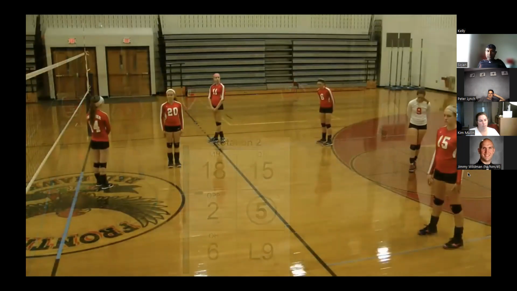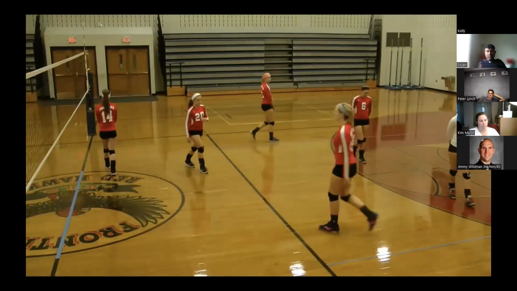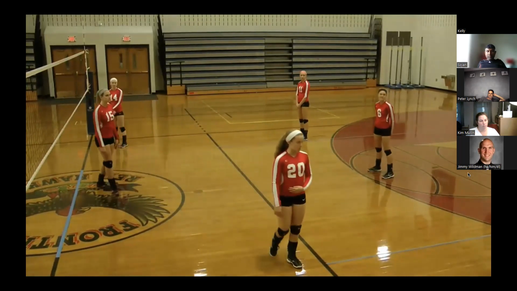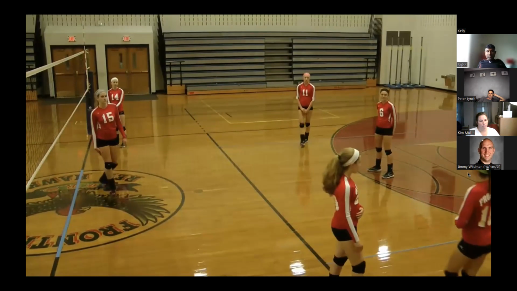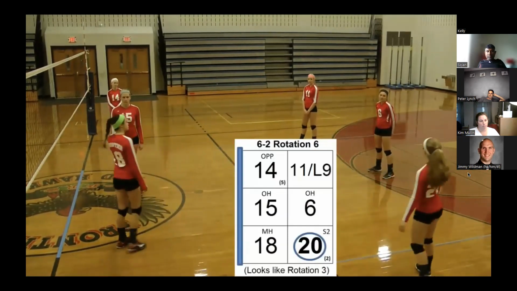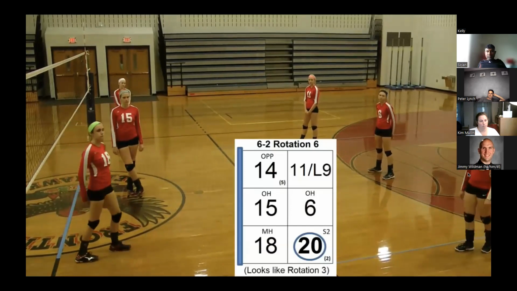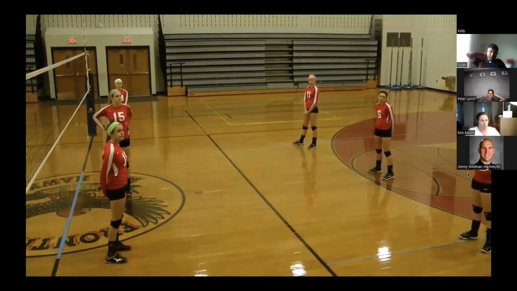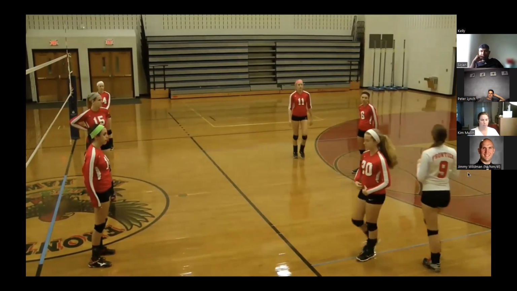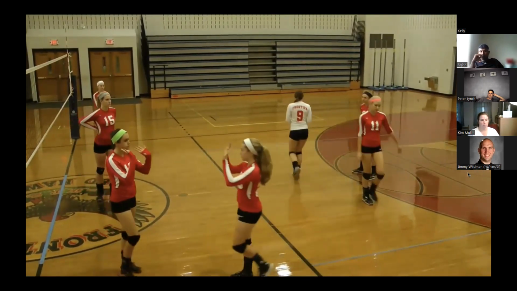Rotate to the next rotation. This would be on this team, it would, yep, my middle comes back in. Okay, and this would be rotation 6 in this row for this team, but it looks strikingly similar to rotation 3. Ella is going to push up Grace. Oh yeah, we're going to put you back in after number 11 is done serving.